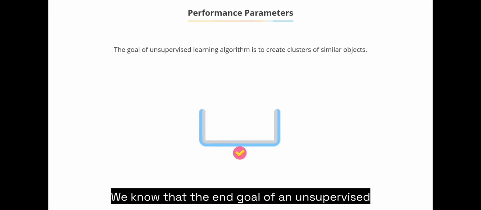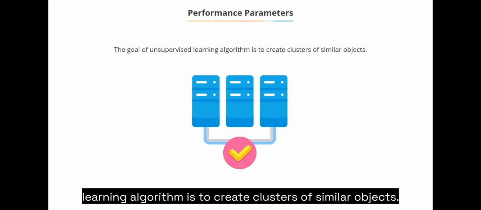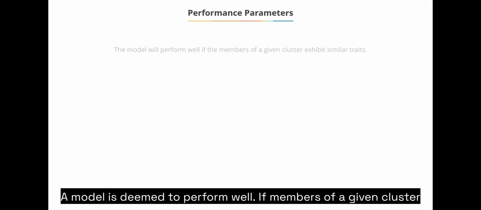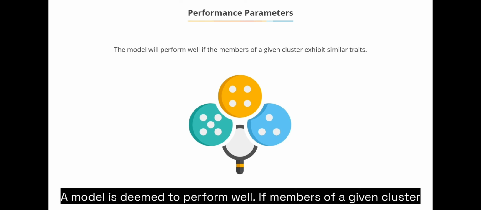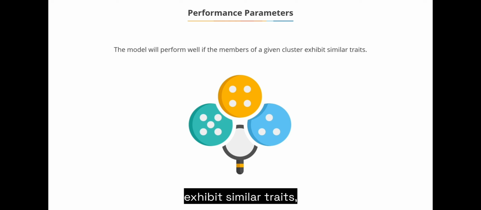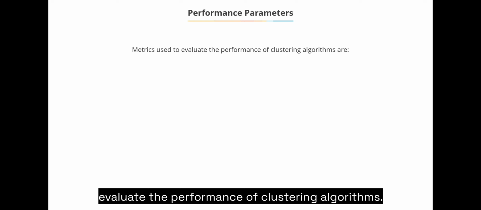We know that the end goal of an unsupervised learning algorithm is to create clusters of similar objects. A model is deemed to perform well if members of a given cluster exhibit similar traits. Let us explore the metrics used to evaluate the performance of clustering algorithms.